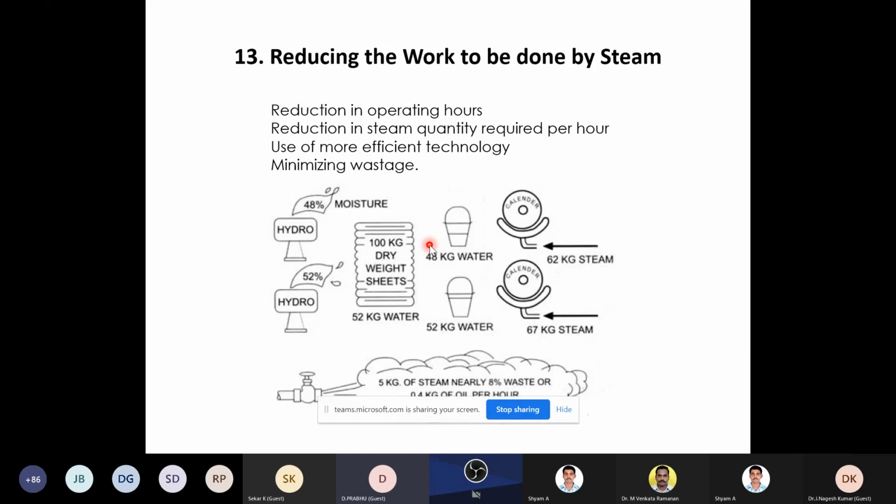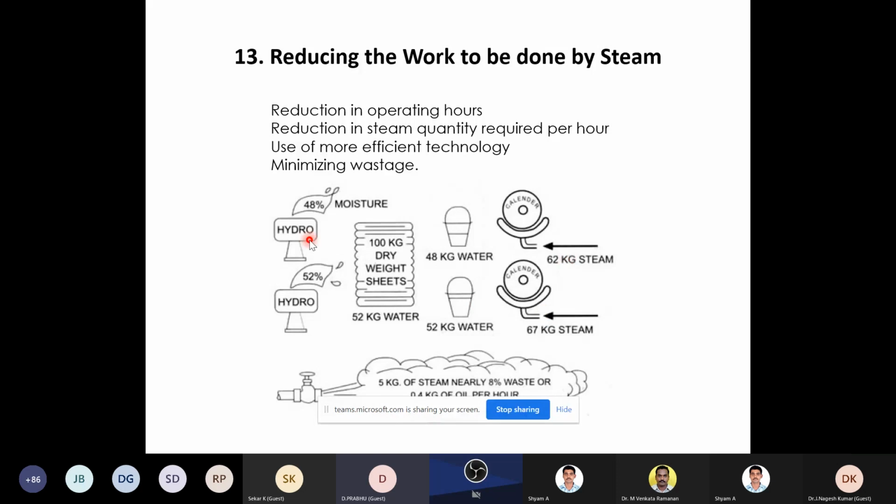Similarly, in industrial processes, there are equipments which can minimize, like in a dryer case, the work to be done by steam. Here we have what are known as hydro extractors, in which we remove as much moisture as possible, so the amount of steam required will be less if you have lower moisture content.